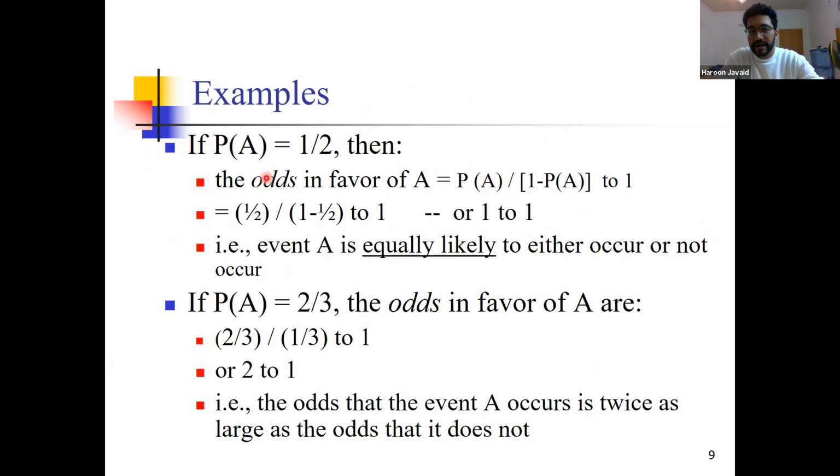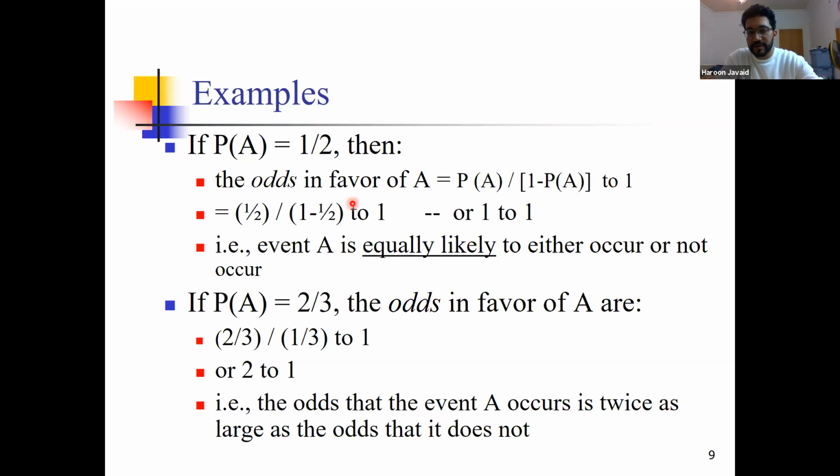For example, the probability of something occurring is half, okay? Now, if you want to know the odds in favor of this event A happening, you will go P, the probability of occurring, divided by 1 minus P, which is going to be half divided by 1 minus half.